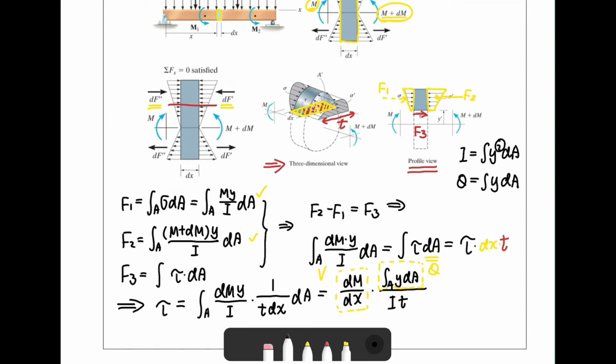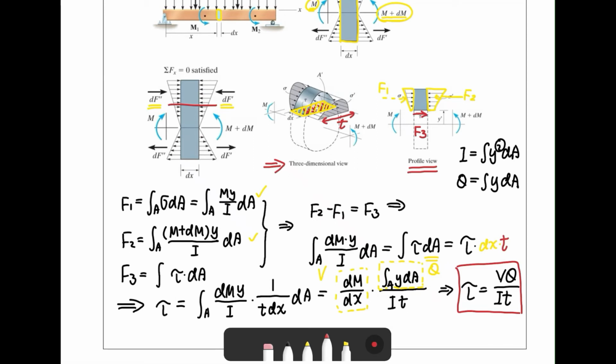Okay, so now we are going to rewrite everything, so the tau here is equal to VQ over It. So this is the transverse shear stress under the internal shear force for the beam here.